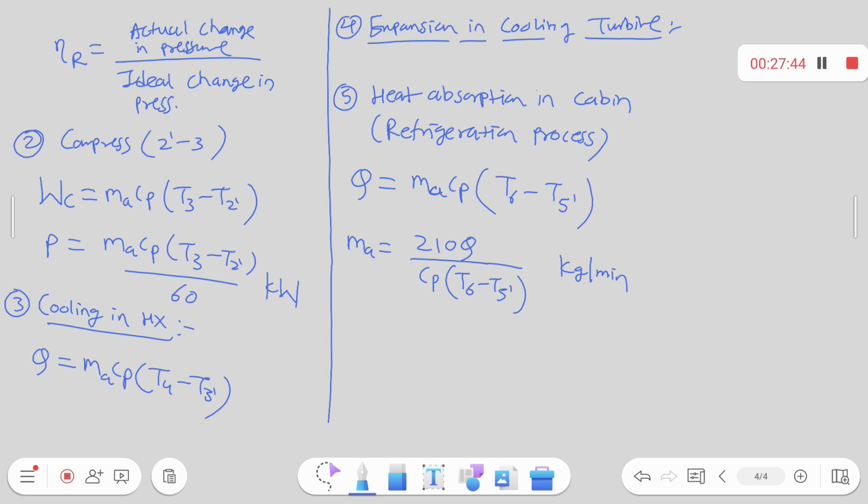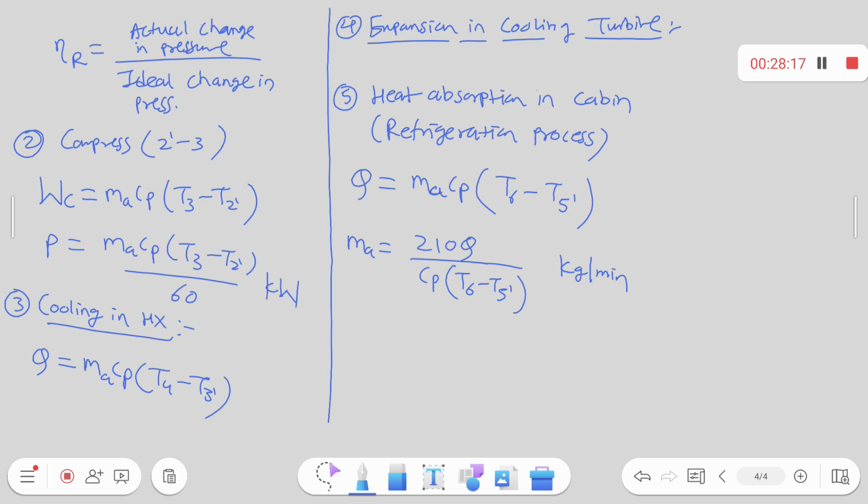When we are taking that factor 210, if we want to calculate air in kg per minute, mostly they will ask to calculate air in kg per minute. Numericals will be asked on this. It is very important, right? So all of you understood this simple air cooling system. Same formulas will be there for the remaining 3 cases, right? Only the arrangement is different.